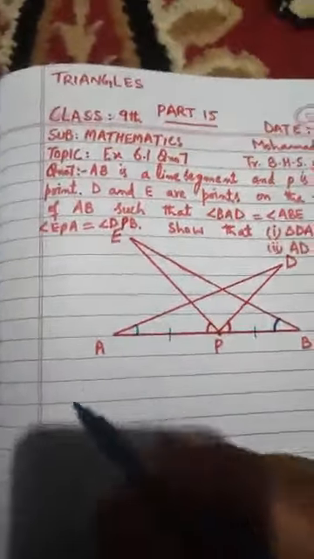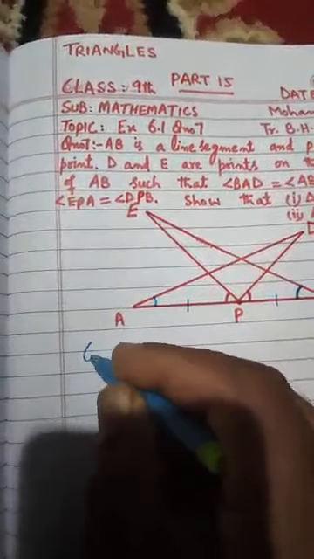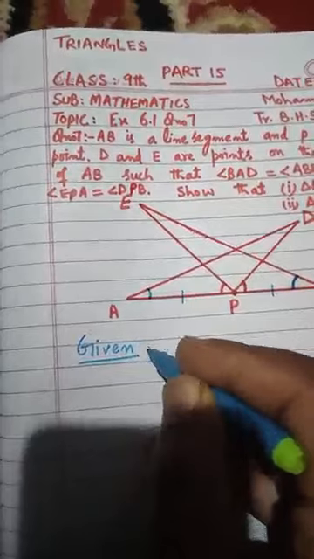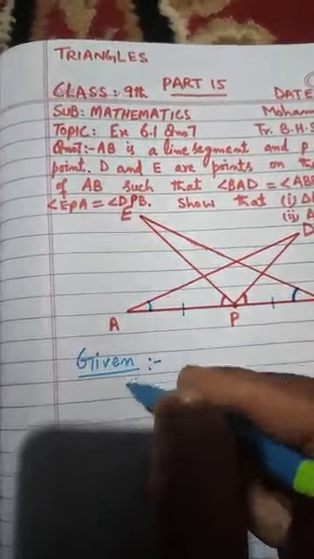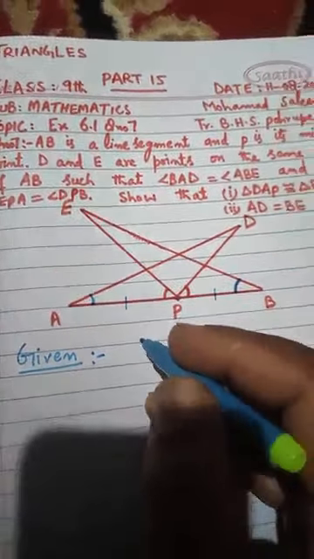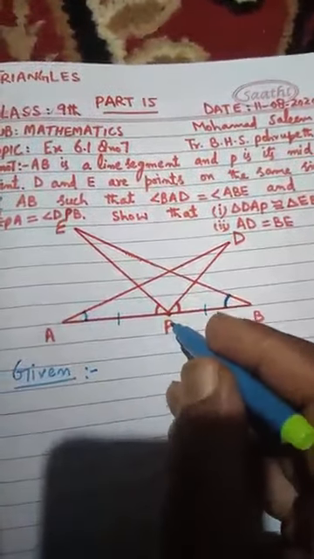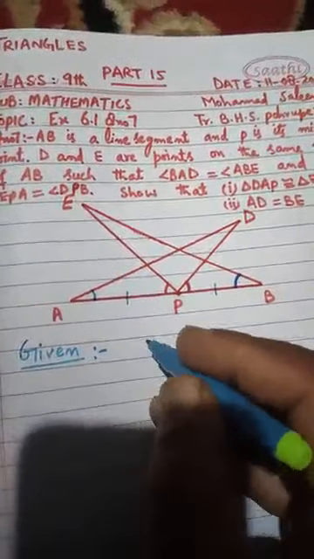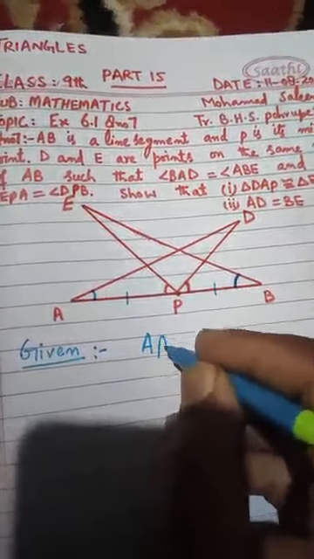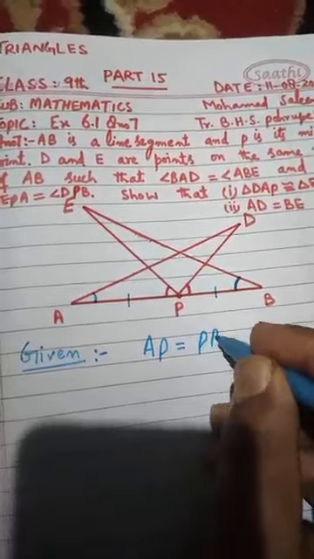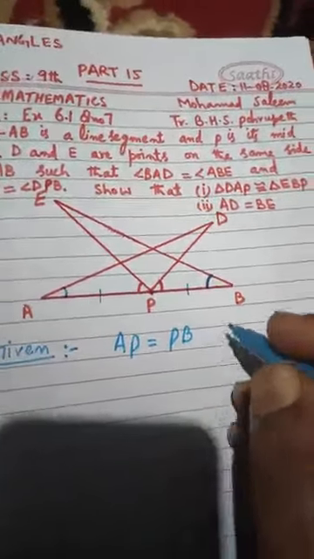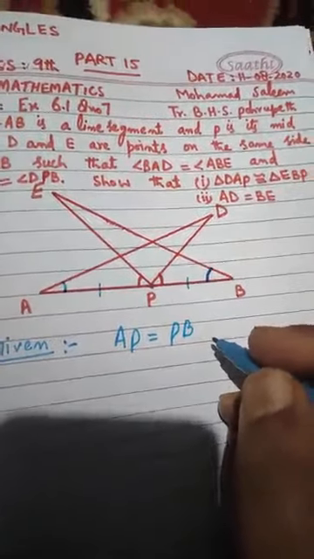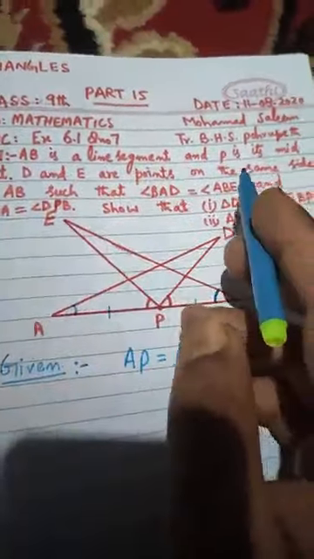Okay, first we will write what is given to us. You can easily see what is given. AB is a line segment and P is its midpoint. That means AP is equal to PB. So we are going to write AP is equal to PB, because it is given. Anything else given?